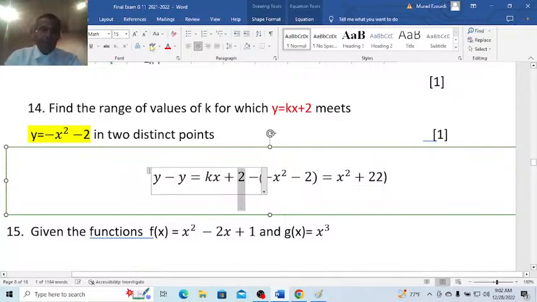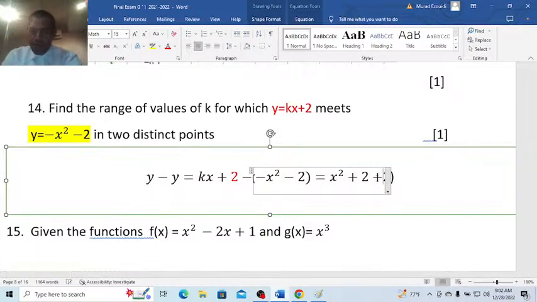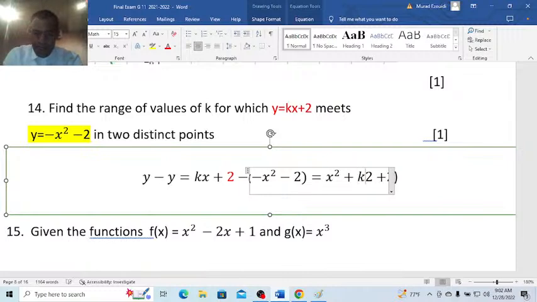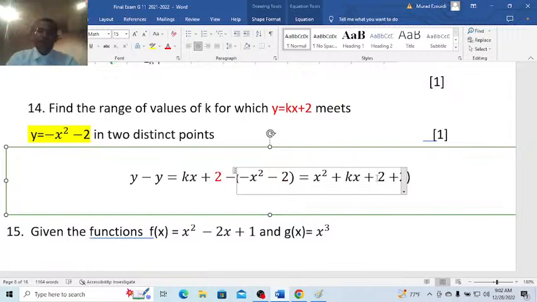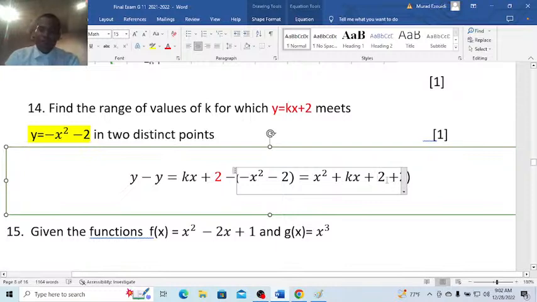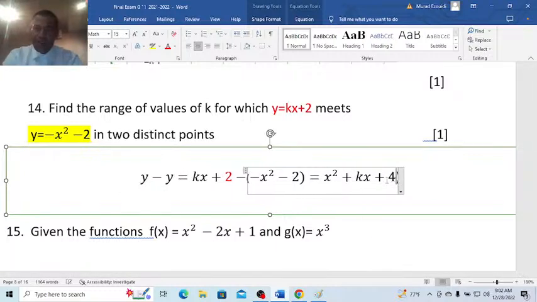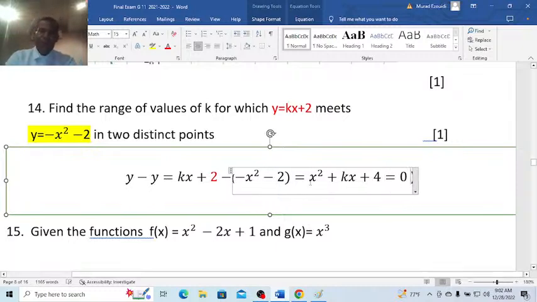Therefore 2 plus 2 is 4. So we get x squared plus kx plus 4, which is equal to 0. Why 0? Simply because y minus y is 0.